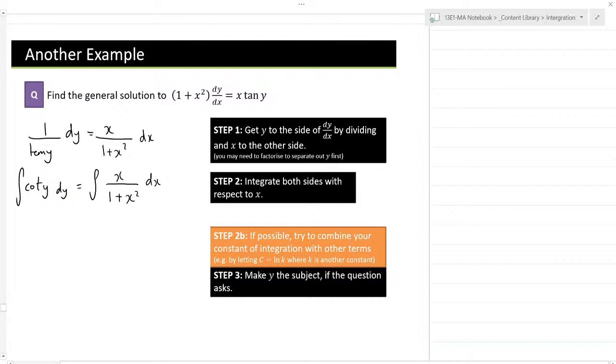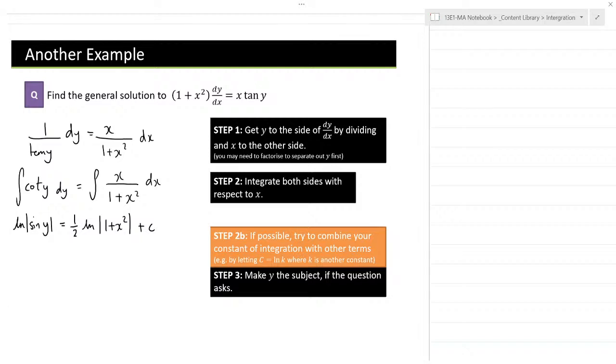So ln of sine y is equal to a half ln of 1 plus x squared plus c. Everybody all right with that so far?